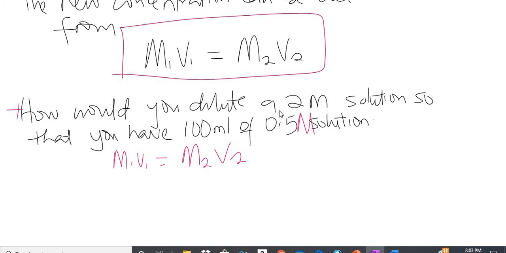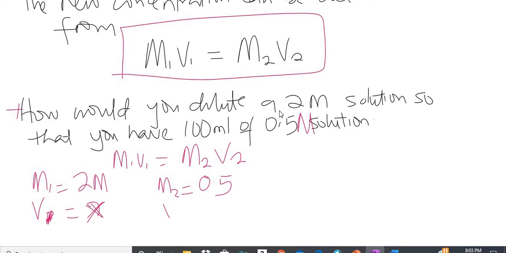In this case, our M1 is 2 molar, and our V1 is what we don't know, so it becomes our X. Our M2 is 0.5 and the V2 is 100 mL.